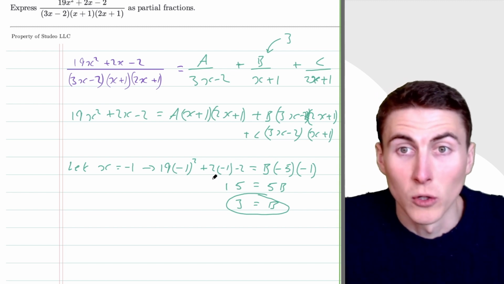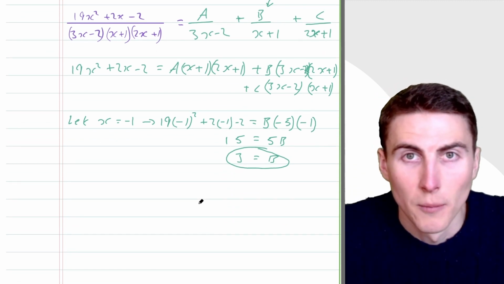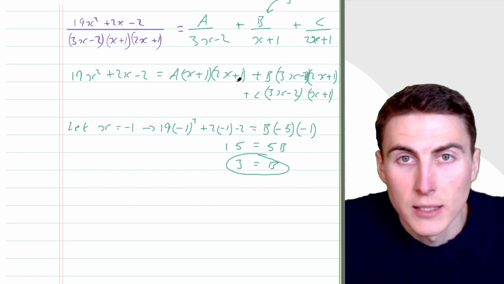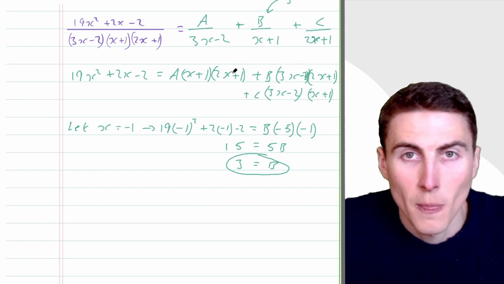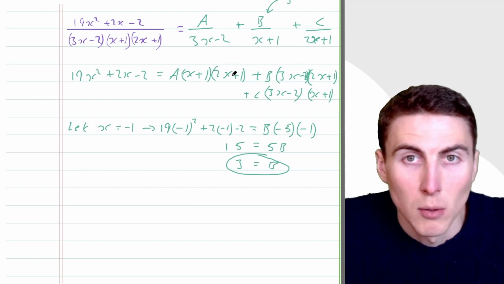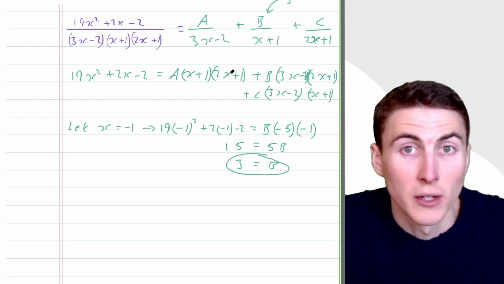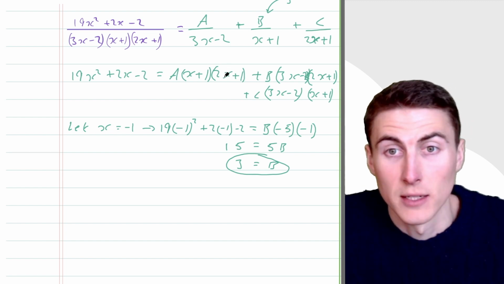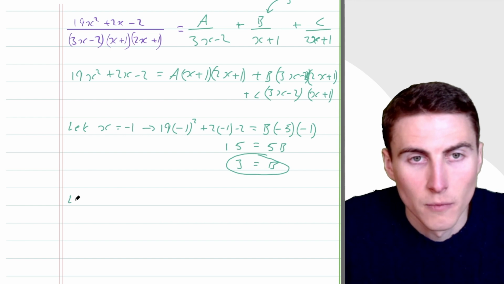All right, next up, what could we get rid of? Well, to get rid of this bracket, if 2x plus 1 wants to equal 0, I know that I'm going to have to make the x minus a half. So I can now let my x equal minus a half.